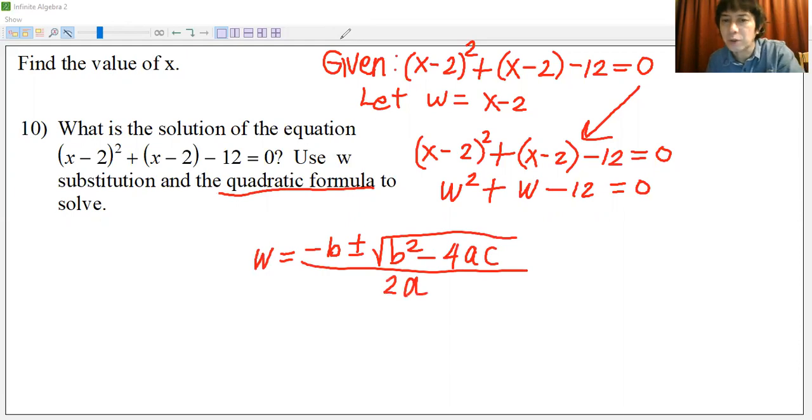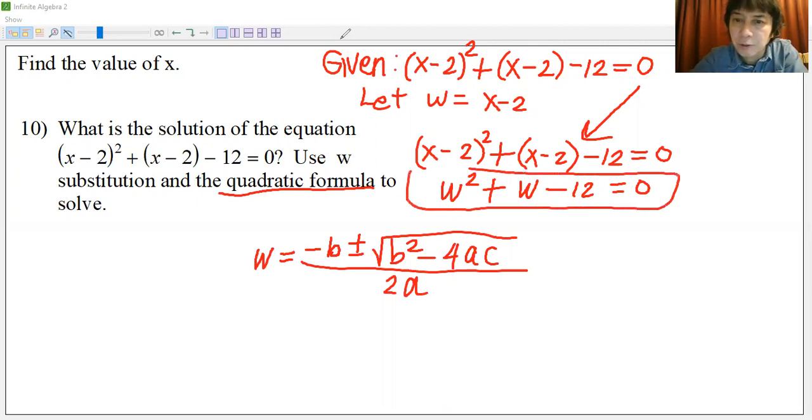This is known as the quadratic formula. Where is our ABC? They are the coefficients of W², W, and the negative 12 in our equation.